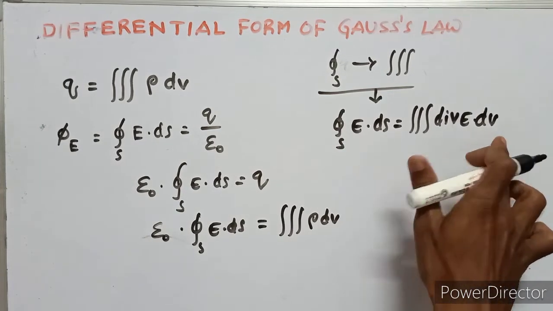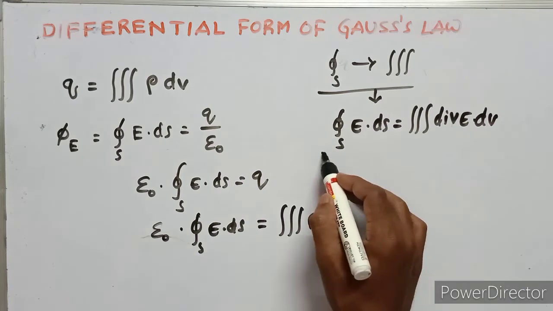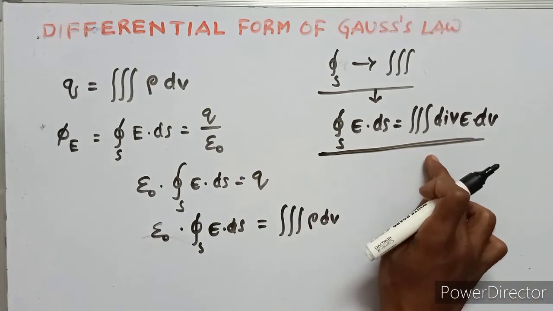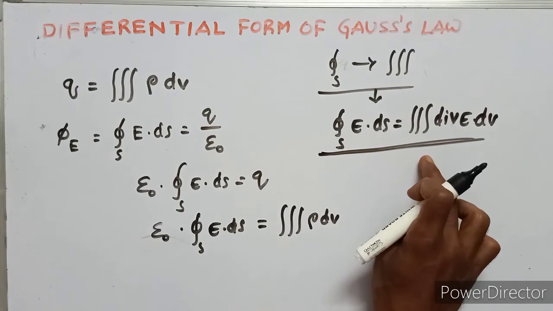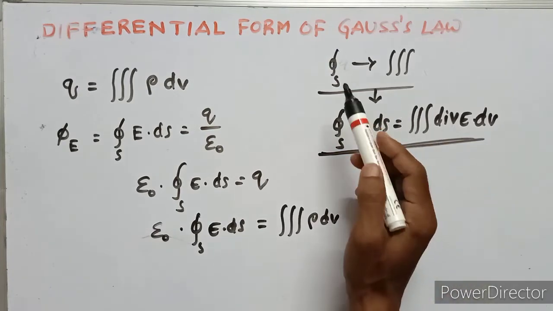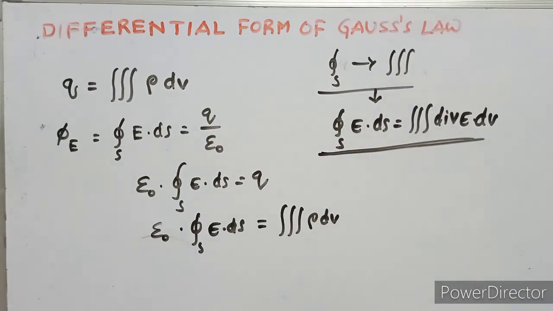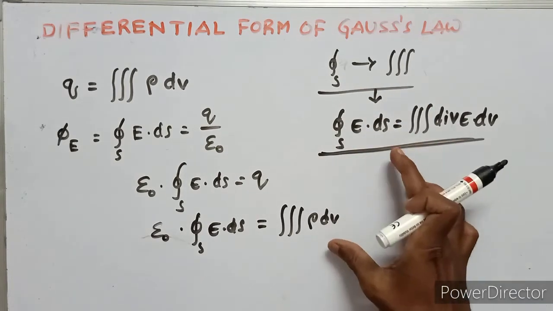Divergence E into dV. This is the Gauss divergence theorem, since the closed surface integral is converted as volume integral.